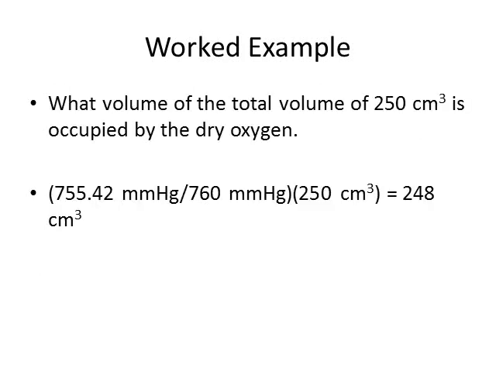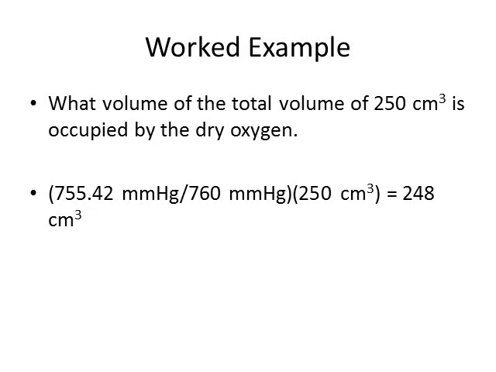The second part of the question asks us, what volume of the total volume of 250 centimeters cubed is occupied by dry oxygen? In order to do this part, what I need to consider is what fraction of the total pressure does the dry oxygen take up? To do this, I will get the pressure of oxygen and divide it by the total pressure to find that fraction.